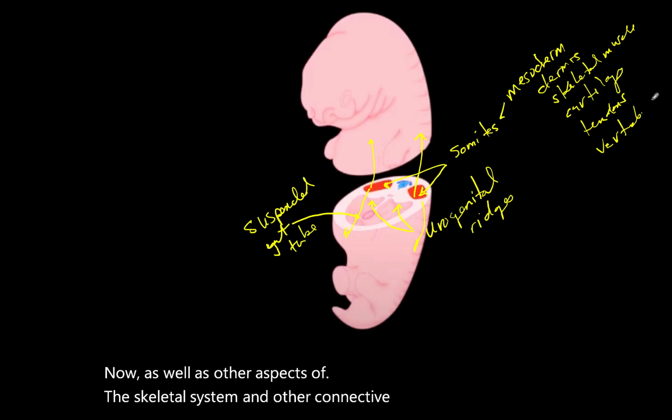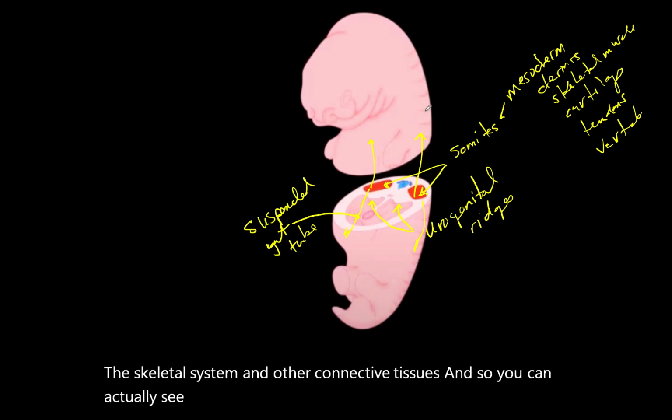And you can actually see these blocks running up and down from head to tail along the developing embryo.